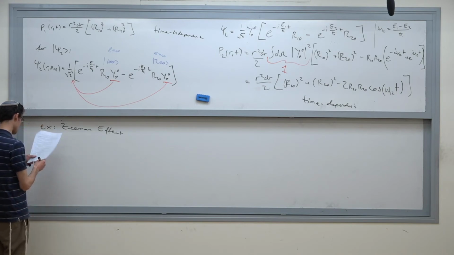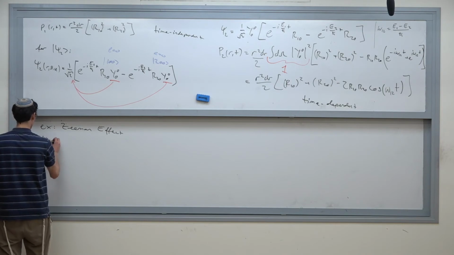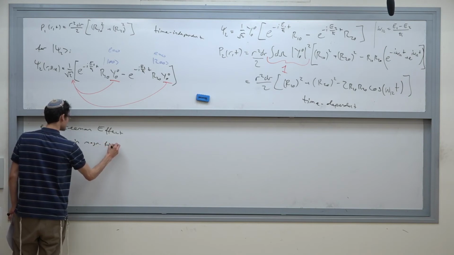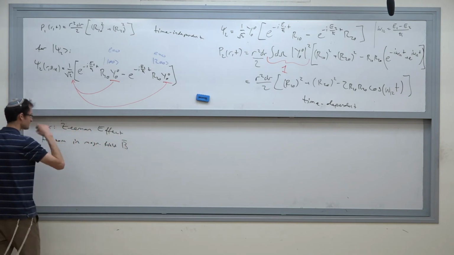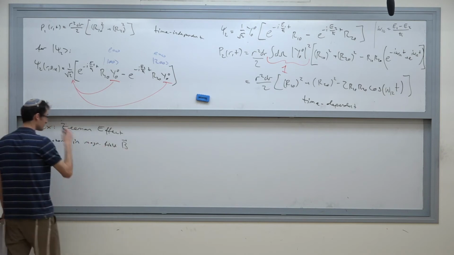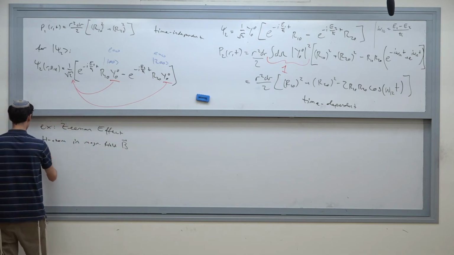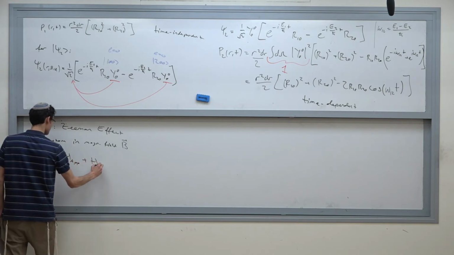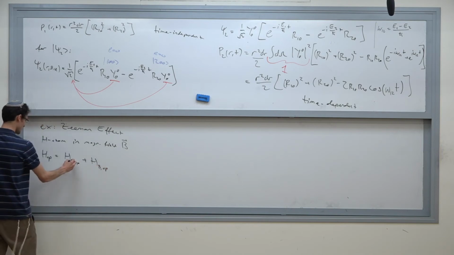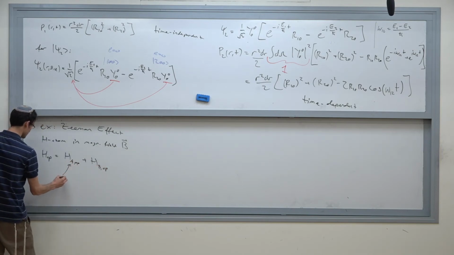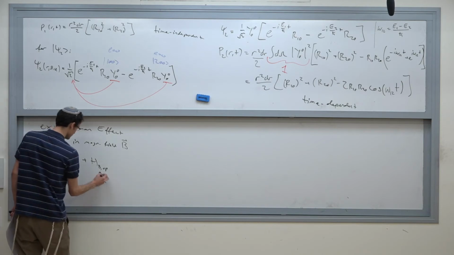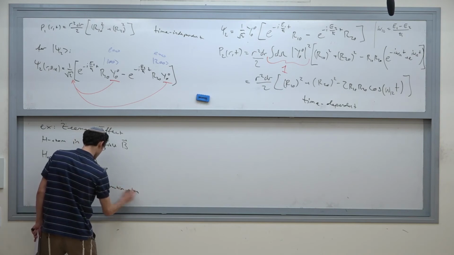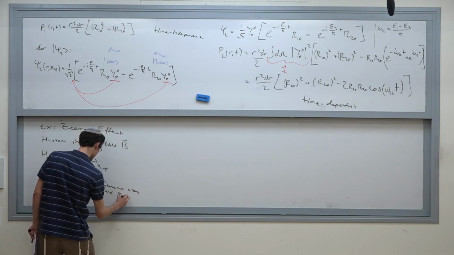So the Zeeman Effect. We take a hydrogen atom in magnetic field B. It's a vector. The Hamiltonian of the entire system has two parts. HA is the atomic Hamiltonian, that's why it's called A, and HB is the interaction of the atom and the magnetic field.